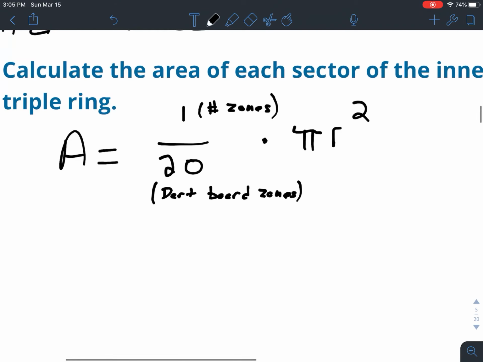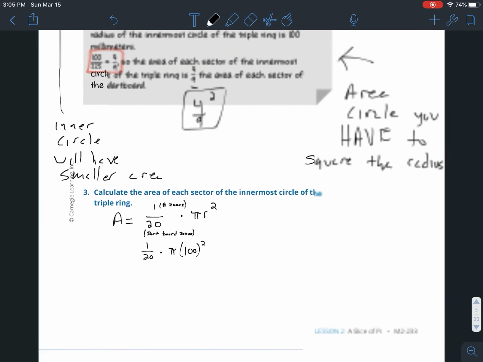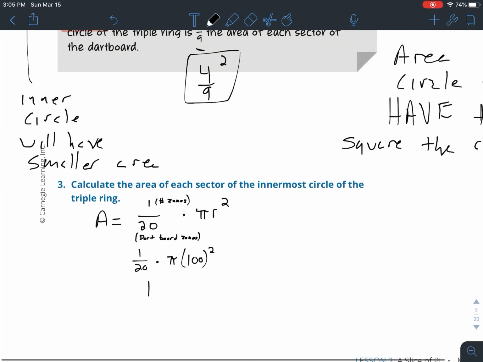So now we know what the radius is. We said the inner circle is 100. So 1 over 20 times pi parentheses 100 squared. We look back up here. We hit our number up here, 100 squared is 10,000. So it'll be 1 over 20 times 10,000 pi.